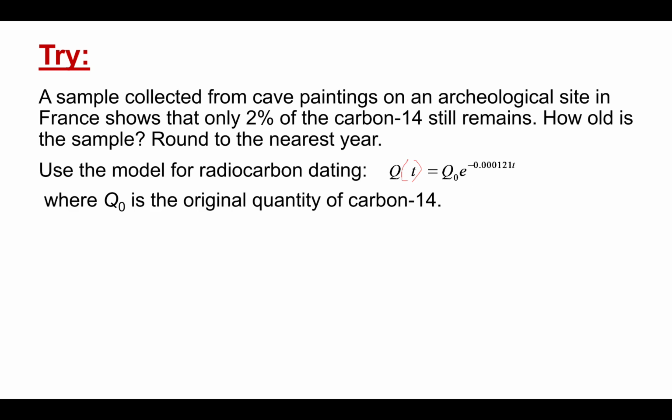So if I have 100%, and I'm finding out when it would be 2%, Q naught is equal to 100%, all of the carbon, keeping it as a percent. And we want to set this equal to 2%.